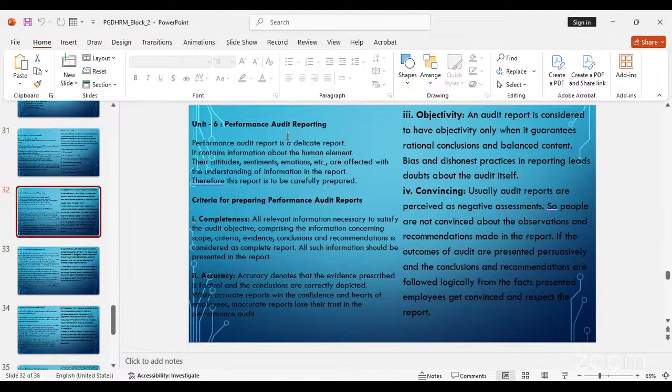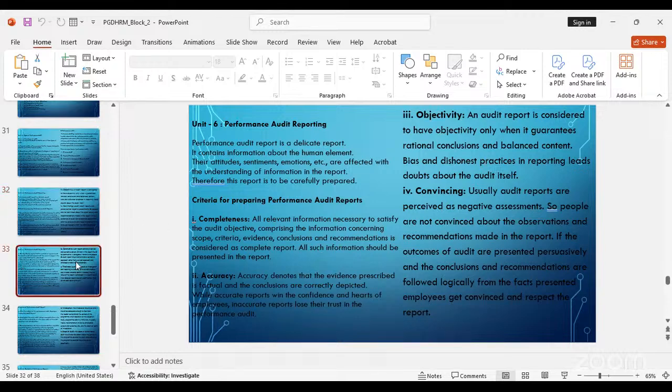So, reporting: how to conduct and present the report of an audit. The audit report should have these aspects: criteria, competencies, accuracy, objectivity, and it should be convincing.